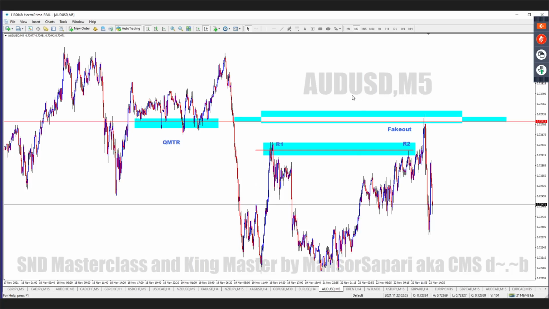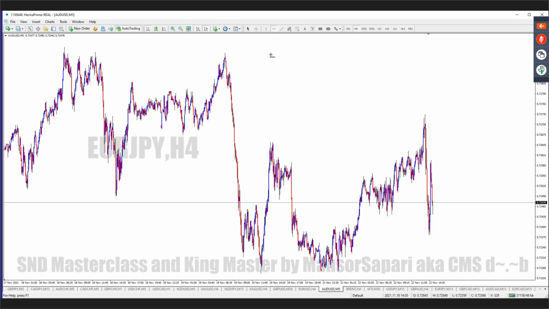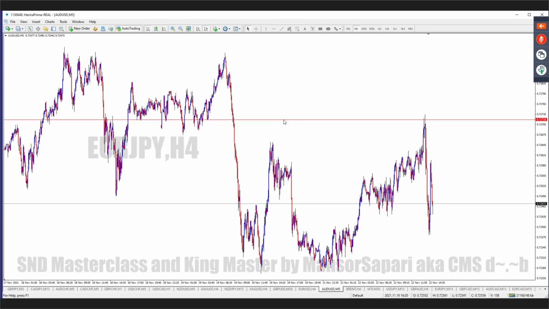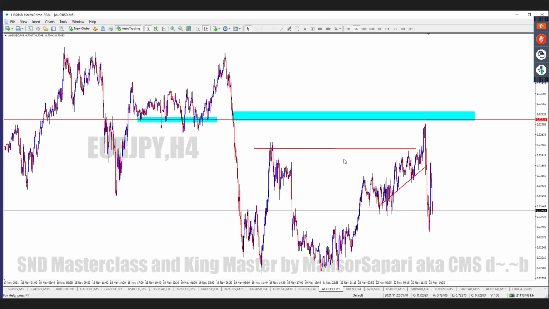Find AUD USD M5, and copy his drawing, not copy and paste, but you have to draw it yourself. You must follow what he's doing. Then ask yourself, why did he mark it over here? Why did he enter over here? Why did he draw like this? Maybe the first time you don't understand, but if you keep doing it, later you will get the idea. Okay?